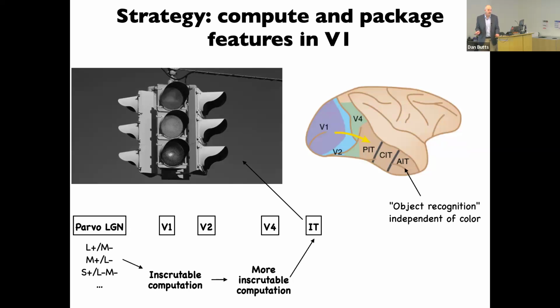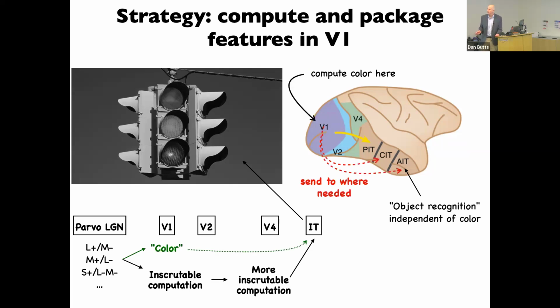But if you wanted to know the color, it's much harder to get the color from nonlinearly entangled basic elements that were present at the level of the LGN. And so you might want to package up something like color in V1 and then just have that go ahead to the different areas where color would actually be important and play into whatever contingencies neurons are selected for there.